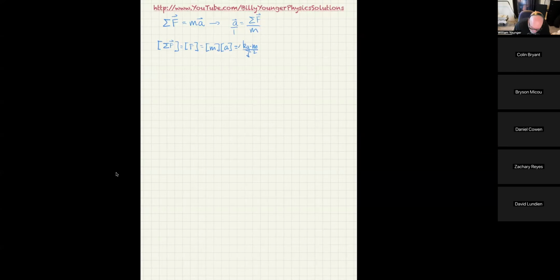So I'll write a 1 in front of that, and that's equal to 1 Newton. So that is the definition of a Newton. 1 Newton is 1 kilogram meter per second squared.